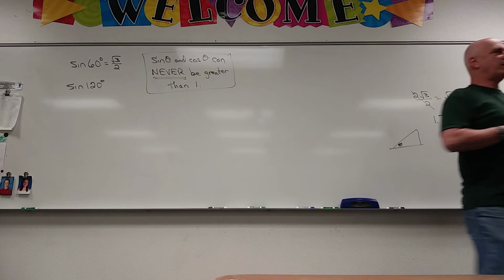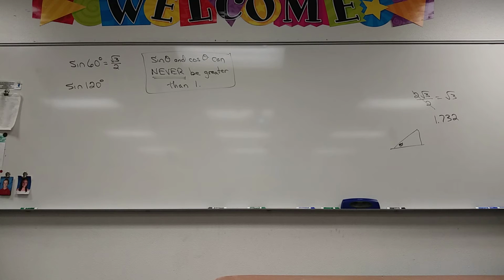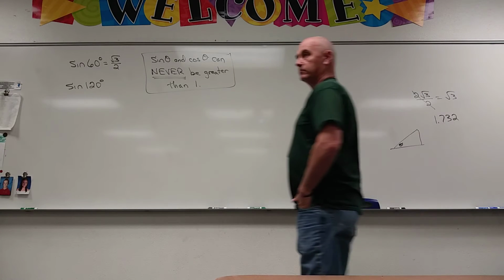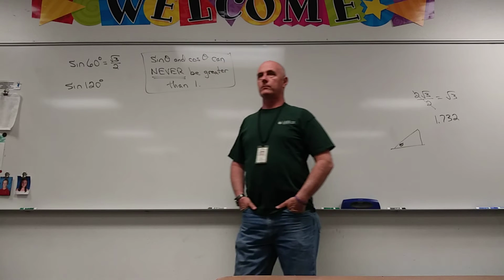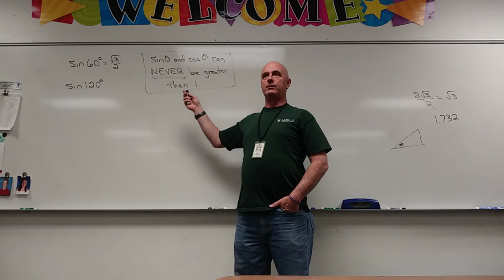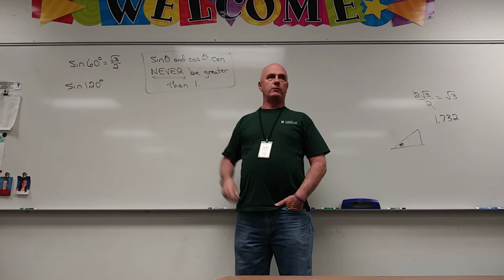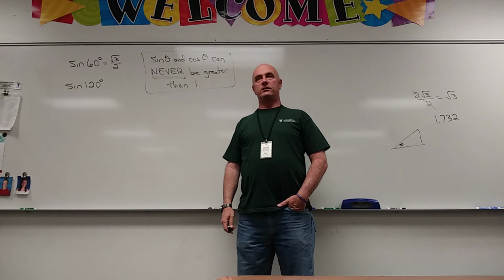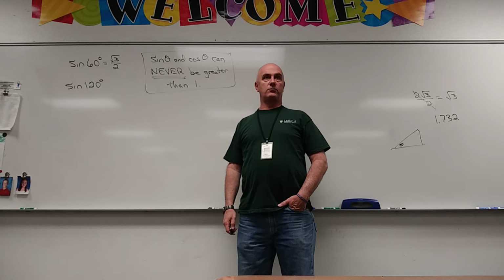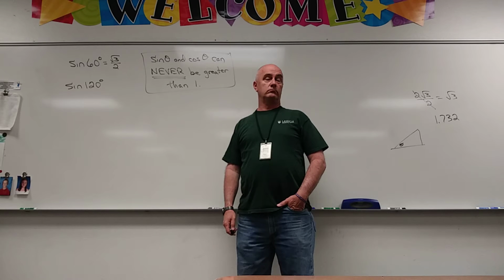That is an impossibility from everything that we've said, right? And in fact, I'm going to show you something in a few minutes that's going to give another level of proof to that statement. This can't possibly happen because the opposite side can never be greater than the hypotenuse, and the adjacent side can never be greater than the hypotenuse. Correct? Okay.